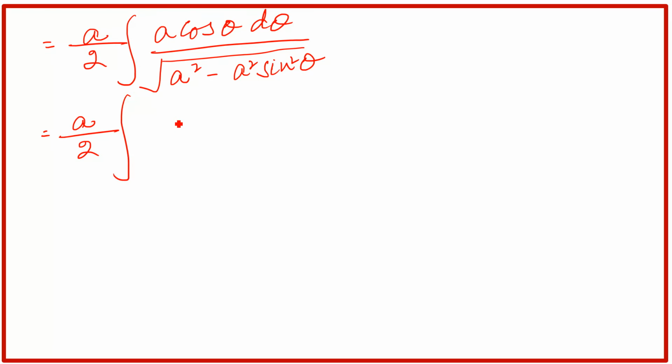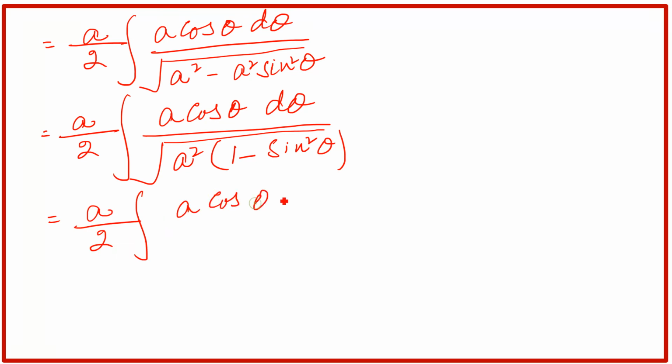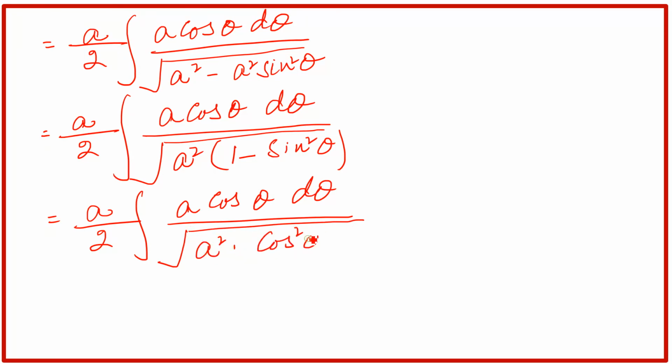So a over 2, a cos theta d theta, a square we will take as common, then we have here only 1 minus sine square theta. And you know that 1 minus sine square theta is equal to cos square theta. So you can write a over 2, a cos theta d theta divided by a square and cos square theta. We have put the values.